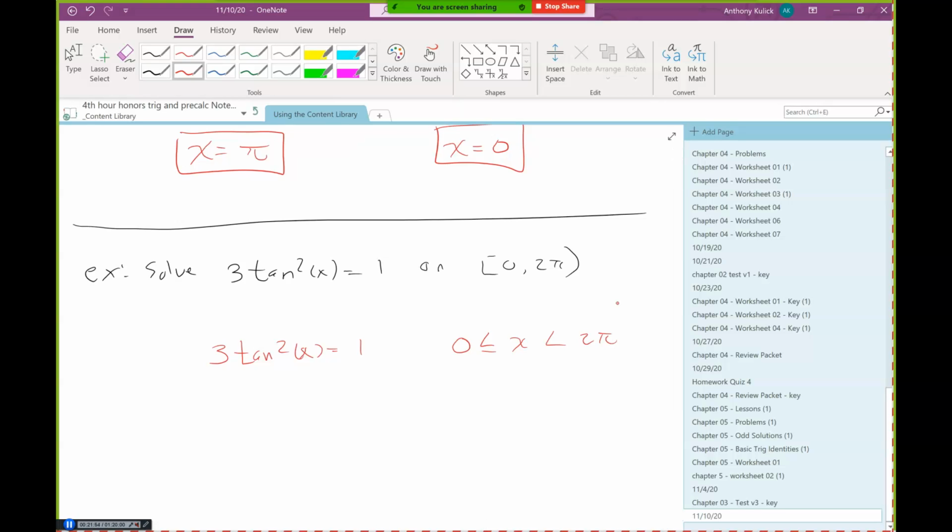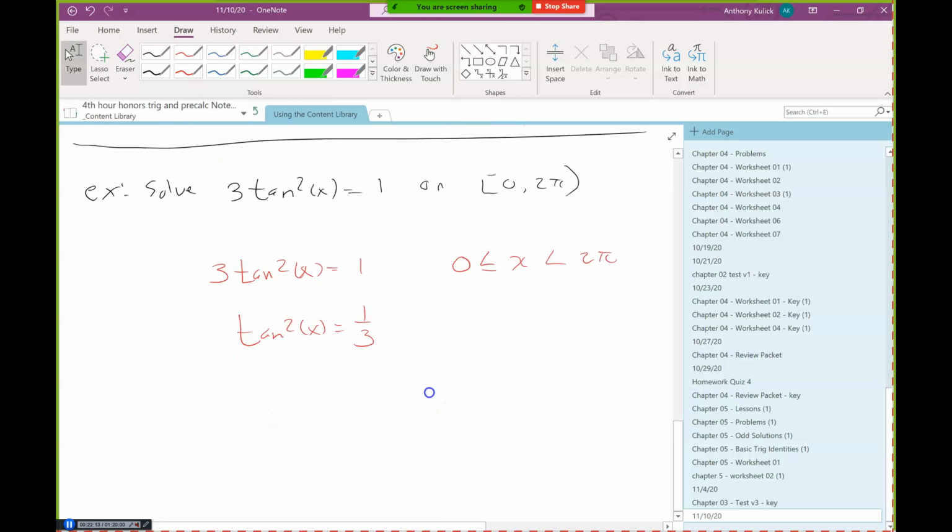What would I want to do to start with to solve 3 tan squared x equals 1? Divide by 3, okay? Everybody's okay there? Square root both sides. So remember both sides, it makes a plus or minus.